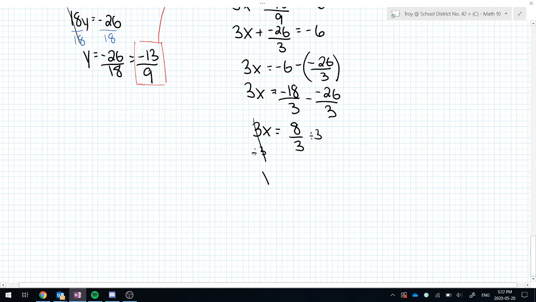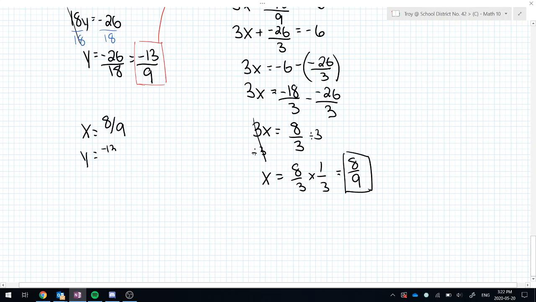Cancels, so you get x. So dividing by 3, that's the same thing as multiplying by 1/3. So you get an answer of x equals 8 over 9. Oof. So therefore our solution is x equals 8 over 9, and y equals negative 13 over 9.